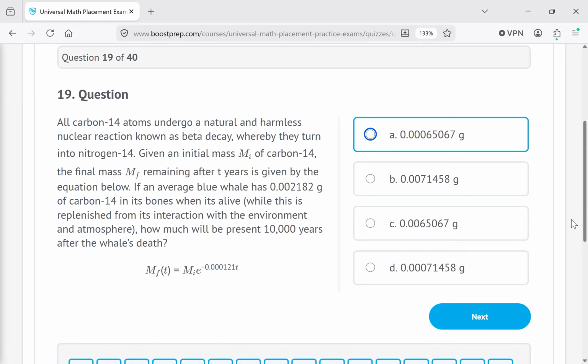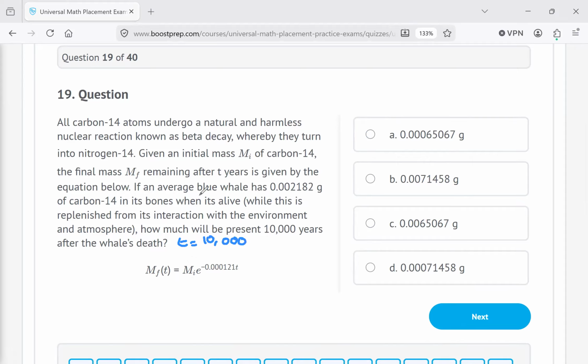So, 10,000 years. Just list what you have. 10,000 years, that's our time, so t equals 10,000. What else do we have? What is the Mi? It's your initial amount. Do we have an initial amount?